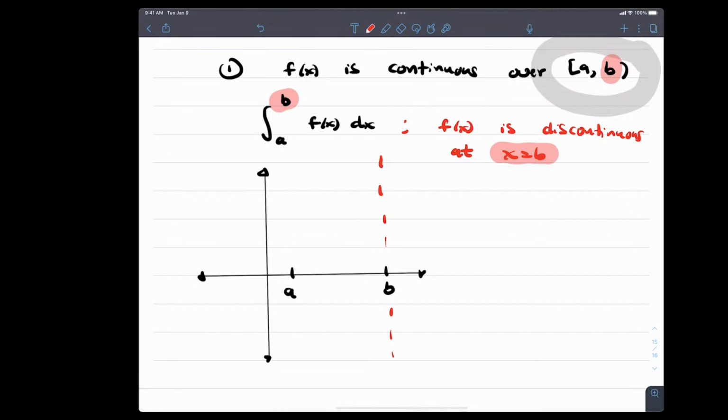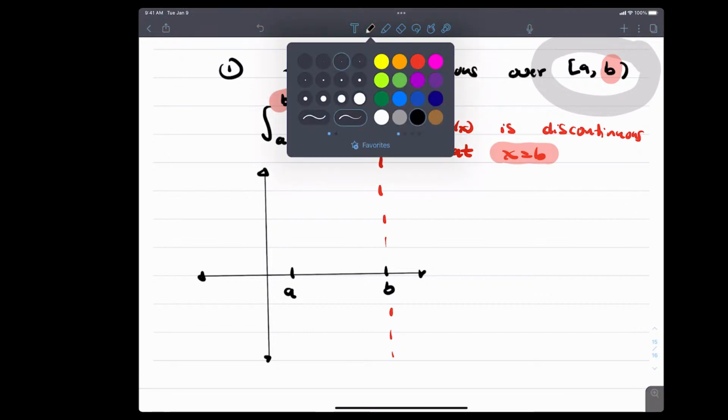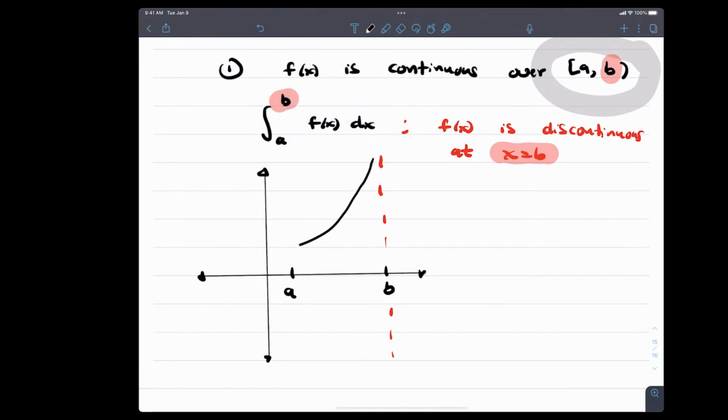So I'm going to draw that same kind of picture. It's not discontinuous at a, it's only discontinuous at b. And then they're still going to ask you, can you actually find the area under that curve? But last time, the curve got close to the x-axis fast enough so the area was finite.